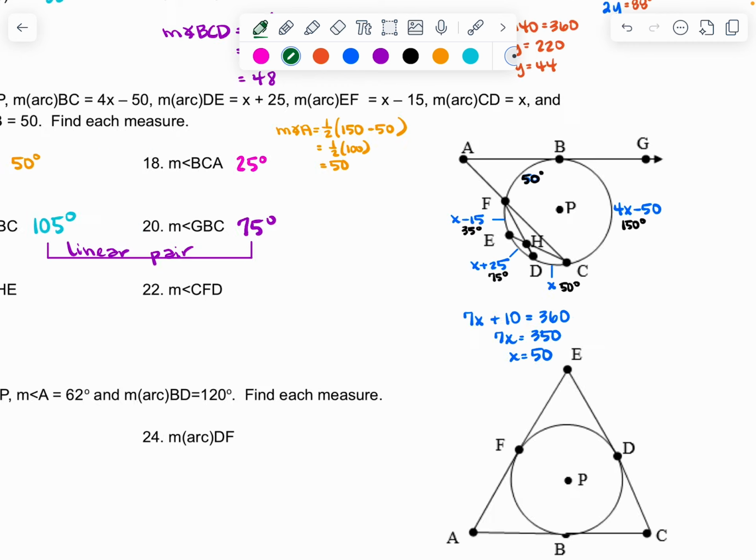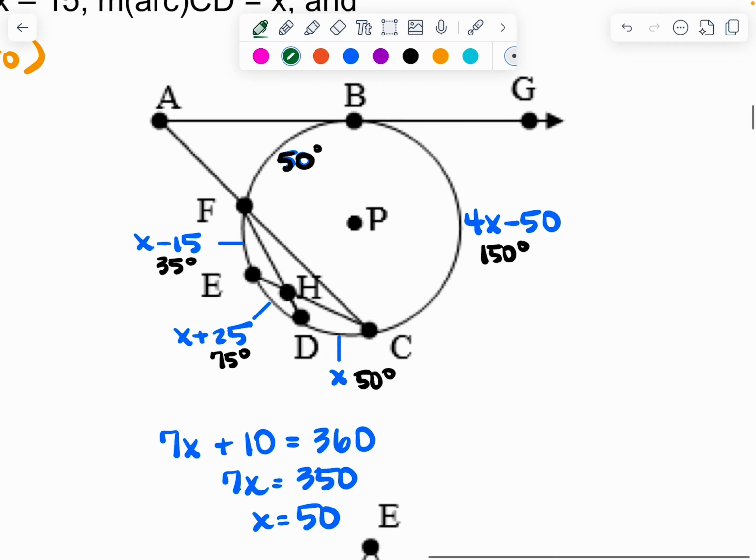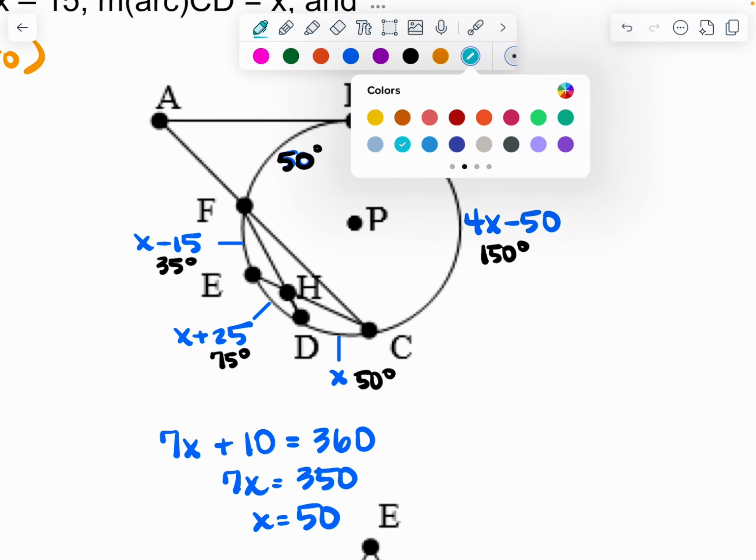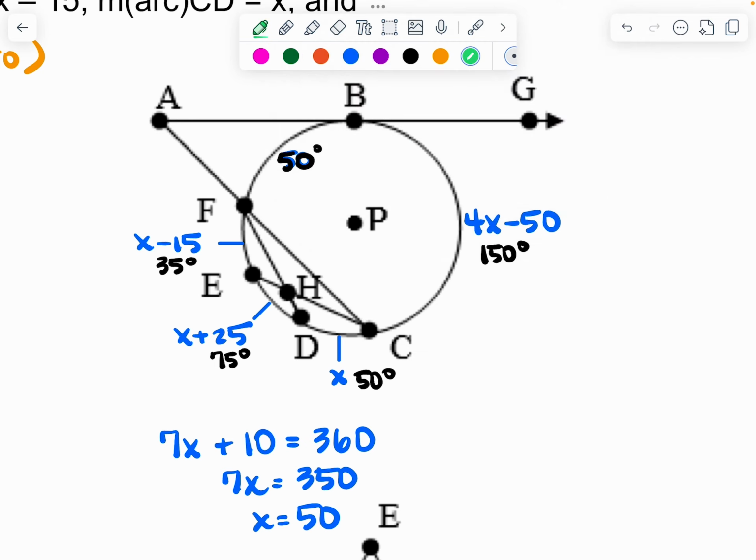Angle FHE. All right, I got to zoom in a little bit. Let me get to a different color here really quick. I'm going to go with this green. FHE is this angle here, which would be congruent to his vertical angle here. Those are inside angles because the vertex is in the interior of the circle. And we know that they are the average of their two intercepted arcs that are being formed by those vertical angles.